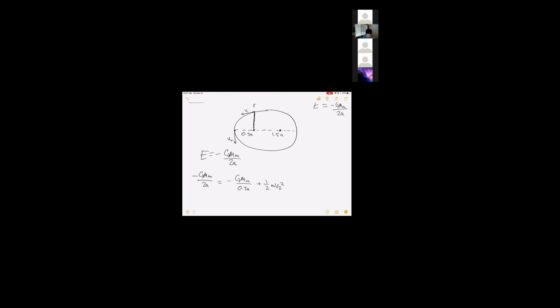So if we draw the other focus here, what we know is that by the definition of focus, the two bolded lines must sum to 2a. That's another alternative definition of an ellipse. If you have the two foci, then those distances sum to 2a. So if we say this is 0.5a, then I can write this is a.